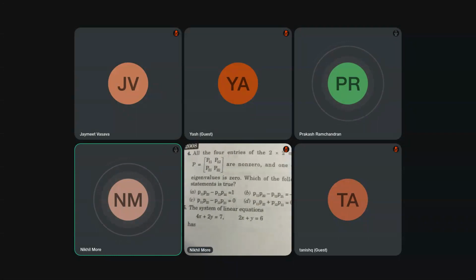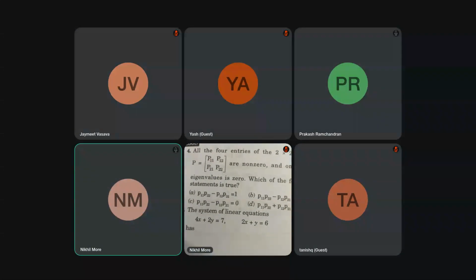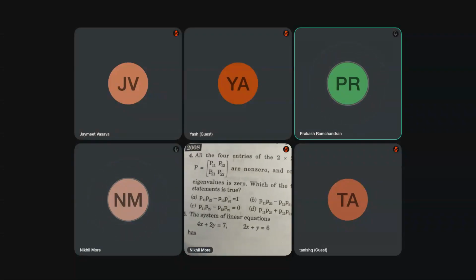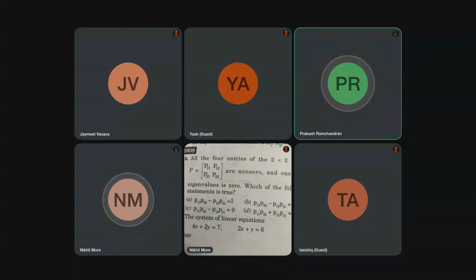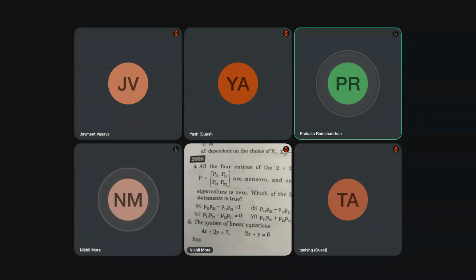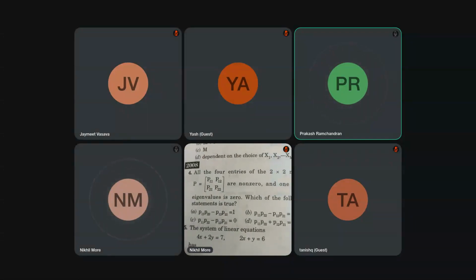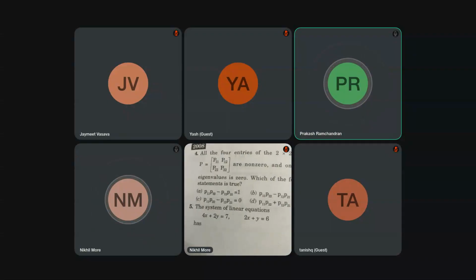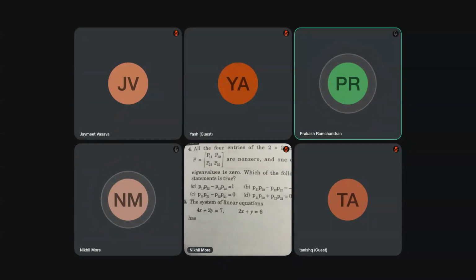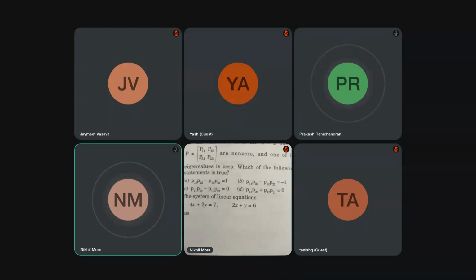So now you have 4, 2, 2, 1, and 7, 6. Can we solve this? The question is, if we solve it, what will we do? So what do we do for this? If we try to solve this equation for xy, that is 4, 2, 2, 1 multiplied by a column xy equal to 7, 6, right?